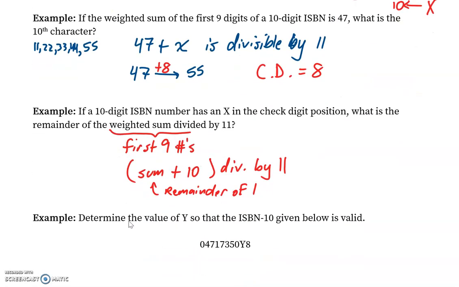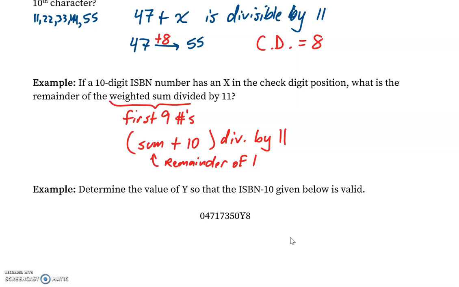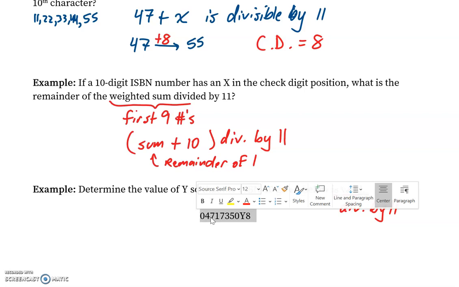Okay, here we're going to determine the value of y so that the ISBN 10 given below is valid, meaning that the weighted sum with the check digit involved is divisible by 11, right? That's the big thing, divisible by 11. Well, what we can do here is set up a scheme for this. So I'm going to copy this over, and look, it's got a 0 at the beginning.